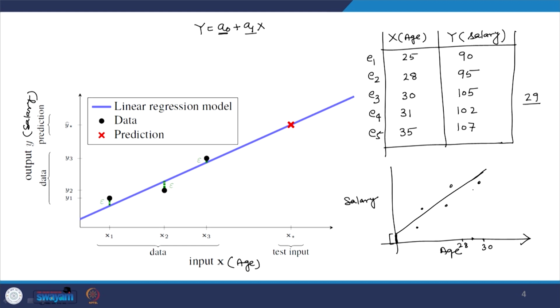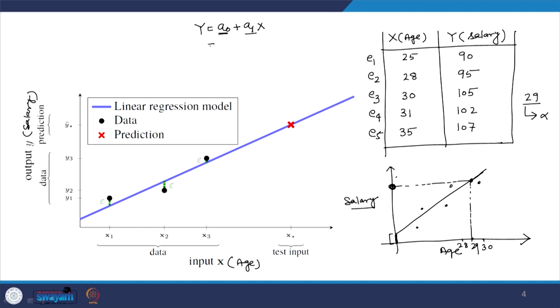Once I have this line, I will draw a vertical line from age 29, which will intersect the fitted line, and then I will find the corresponding y value, that is, the salary. This will be the salary of the person of age 29.